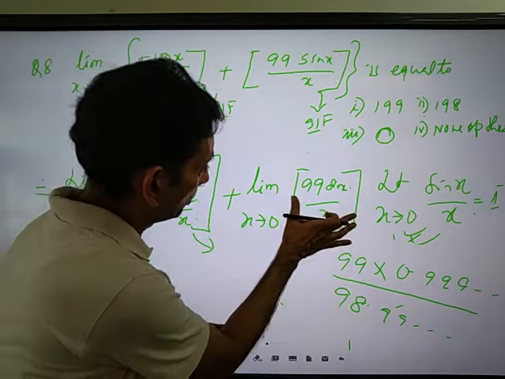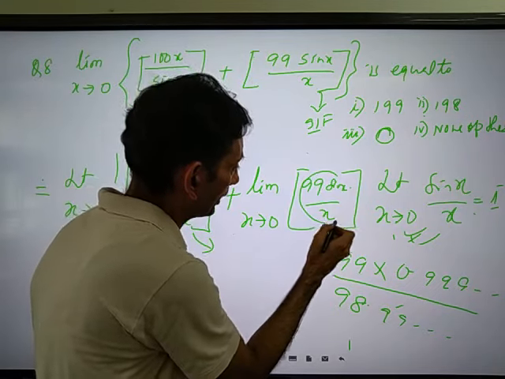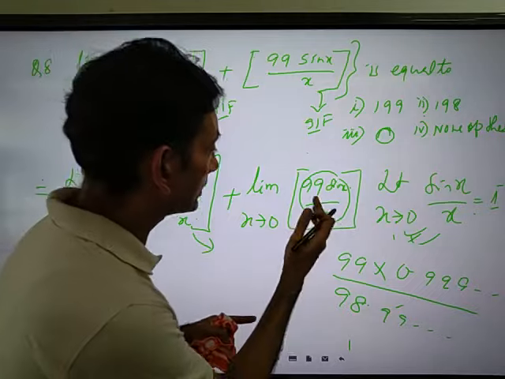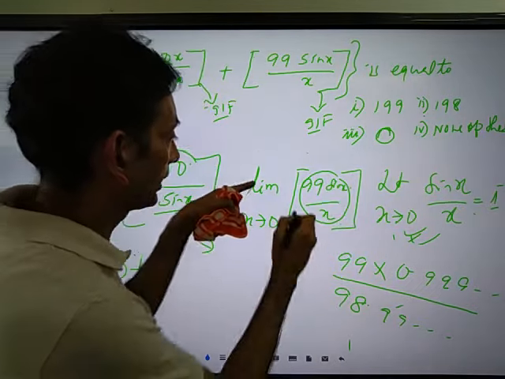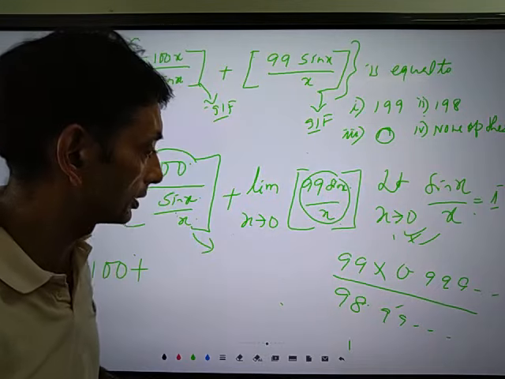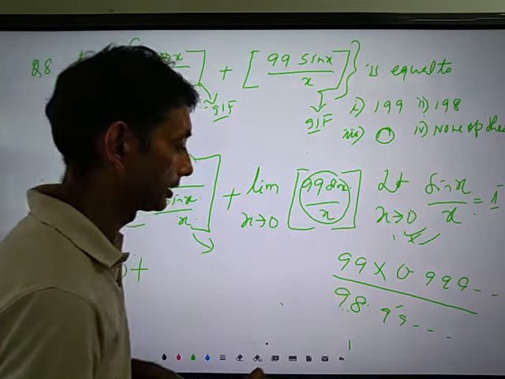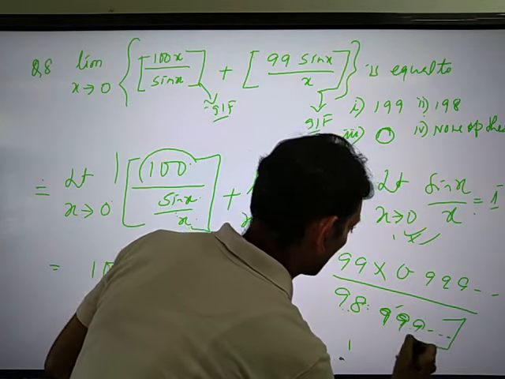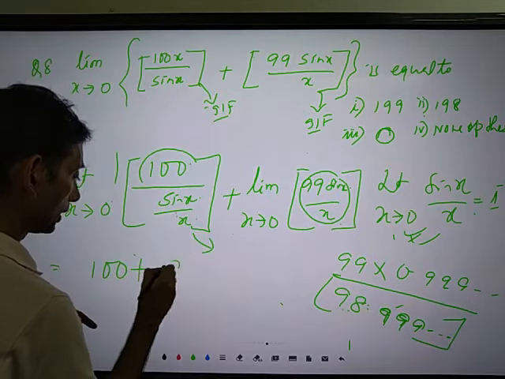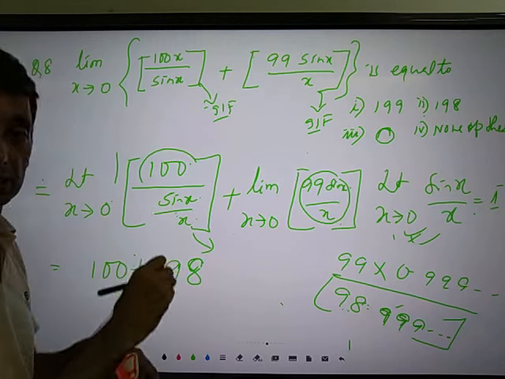So this value, 99 sin x by x, will lie between 98 and 99. That will be a fraction, and if you take the greatest integer function, you are going to get 98. For example, if you get a number like 98.999, you are going to get 98.